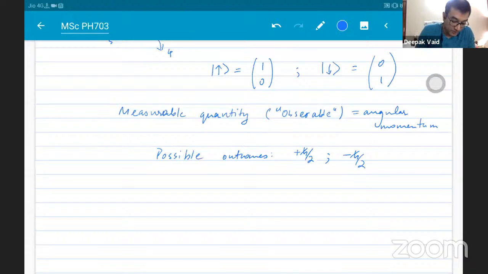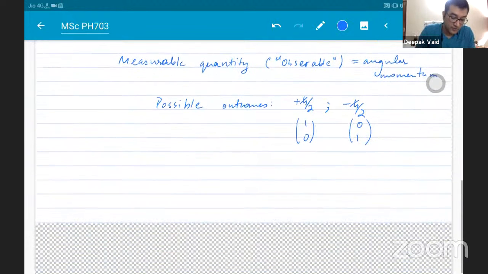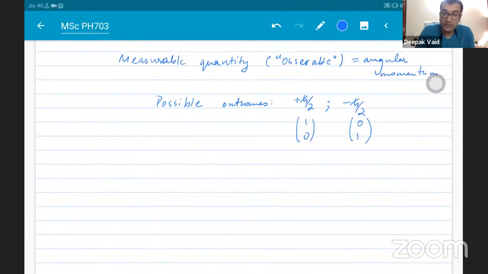And plus h bar by 2 corresponds to the up state and minus h bar by 2 corresponds to the down state. So now the question is, how do I represent this mathematically?